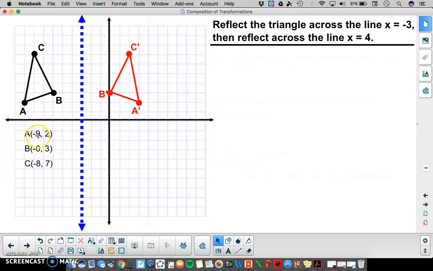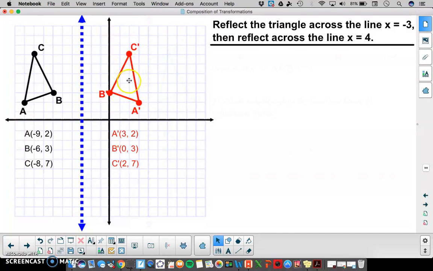Our original points are A (-9, 2), B (-6, 3), and C (-8, 7). When we reflect across that line x = -3, we get the points (3, 2), (0, 3), and (2, 7). Now I'm going to reflect this red triangle.